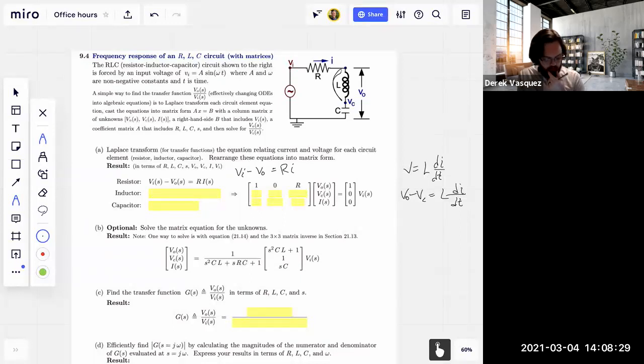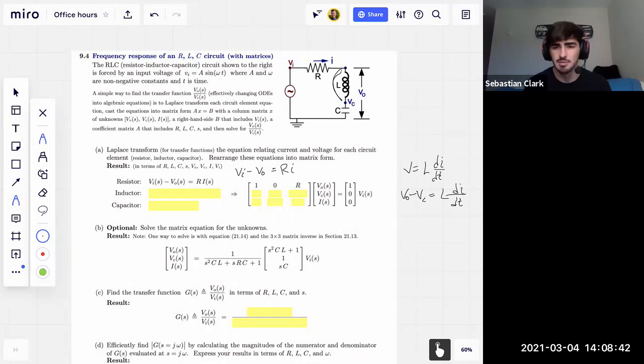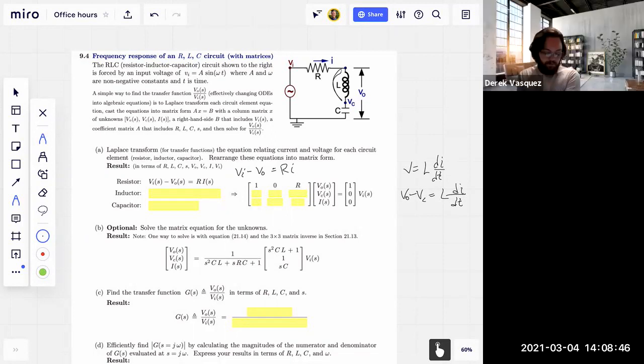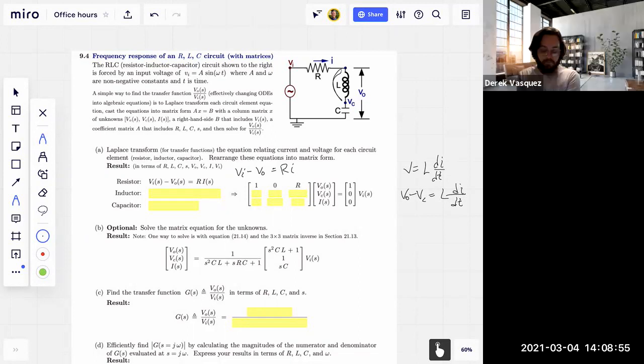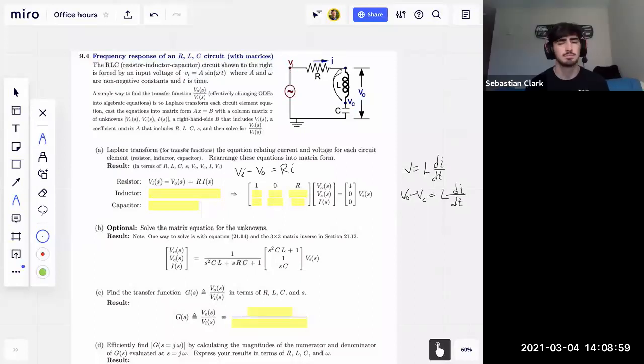So what do we get when we take the Laplace transform of these terms? Is it just S for one of them? Like, is it just LS, so the big V of S equals VC minus VO? Most of what you said is right.